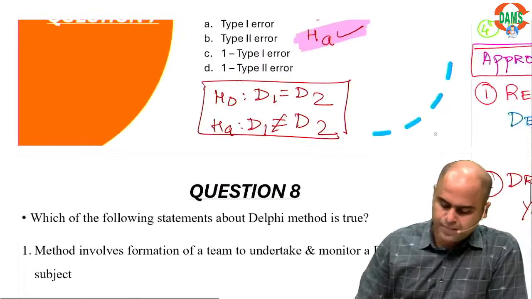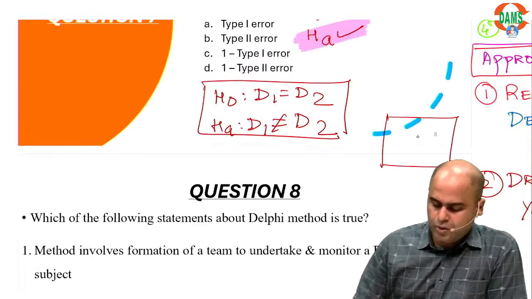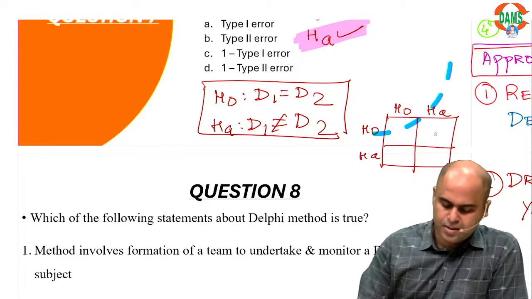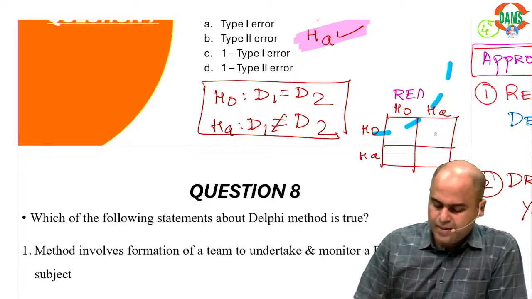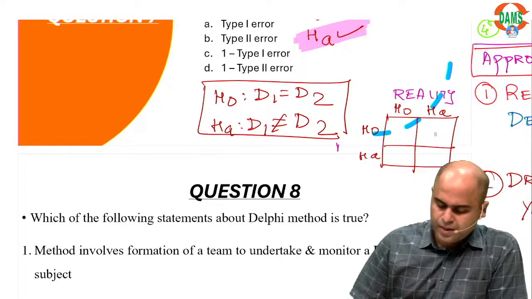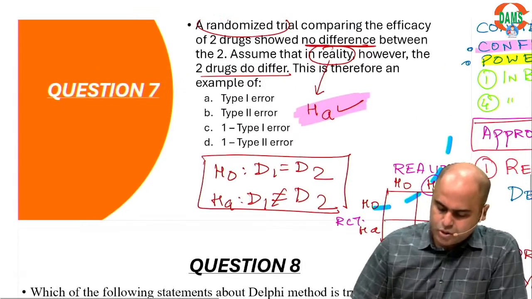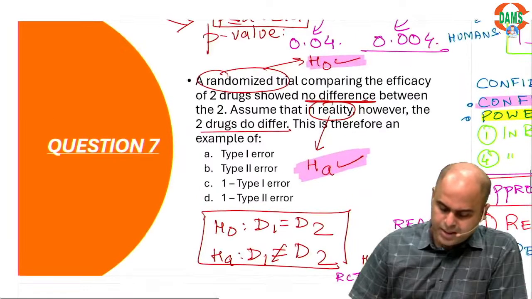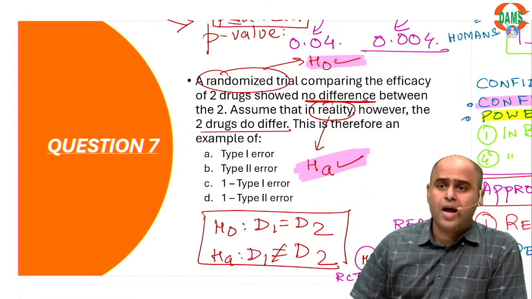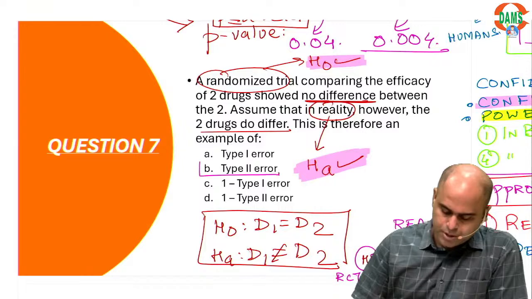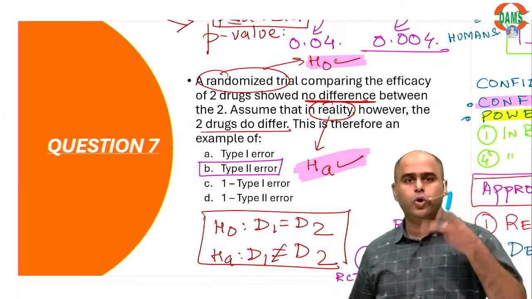Yes, done. So I draw a 2 by 2 table. H0, HA, H0, HA. We have reality, we have the RCT. Here in reality HA is true, in the RCT H0 is true. The answer to this question was option B, type 2 error.